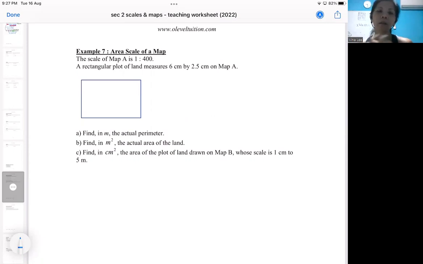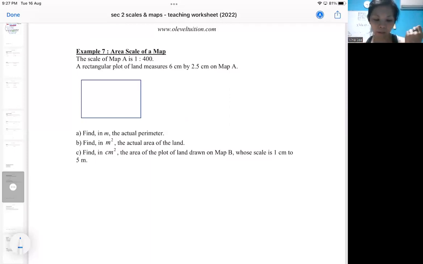So if you encounter a question with two maps, you must always remember, the map area can change, the map length can change, but the actual distance or actual area doesn't change. So in order to link two maps, you always use the actual distance or actual area to link the two different maps.